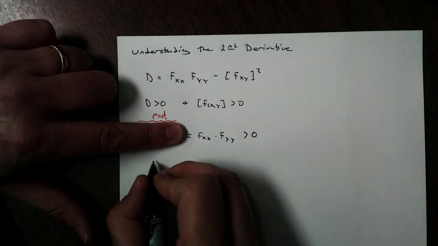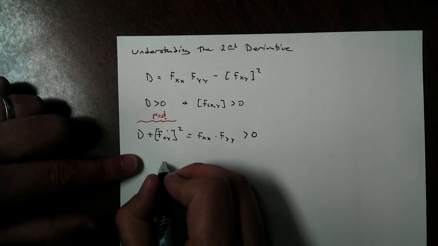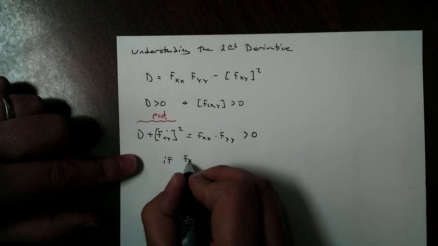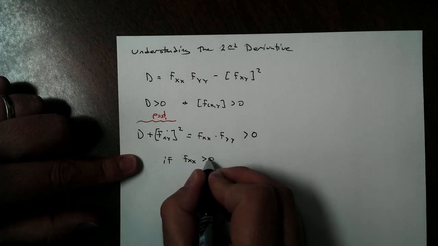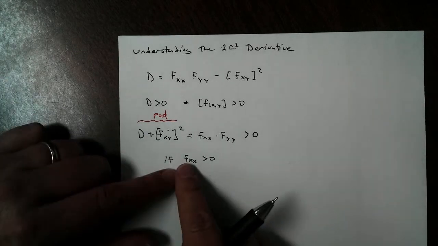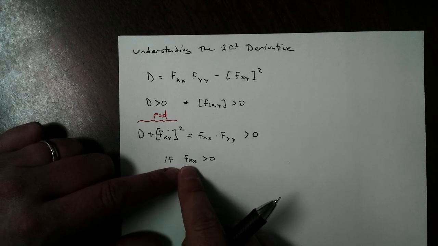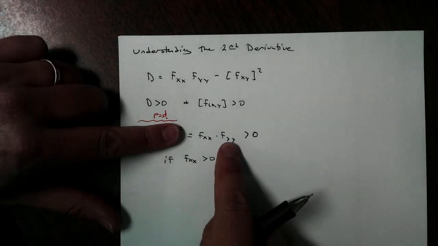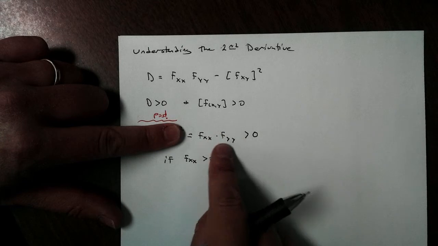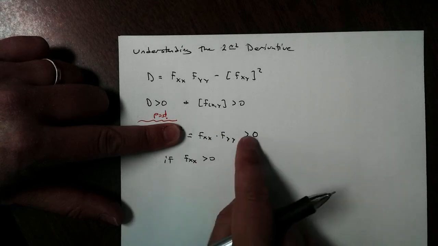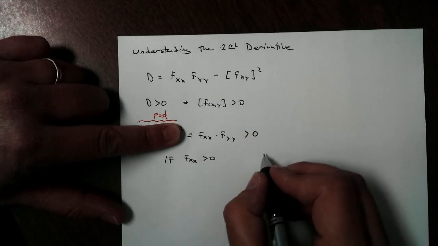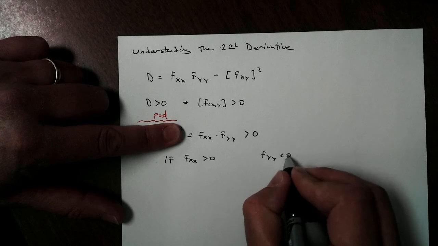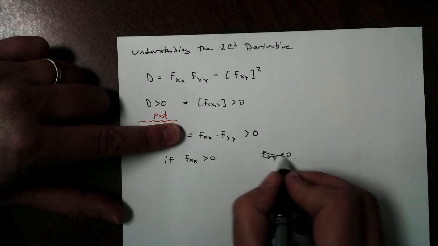So let's talk about the two conditions. One, what if fxx was positive? Well, if the second partial with respect to x is positive, remember, I still have to keep this positive. If I let this be negative, this is no longer going to be a true statement. If this is less than 0, that's going to make that a not true statement, so that can't happen.